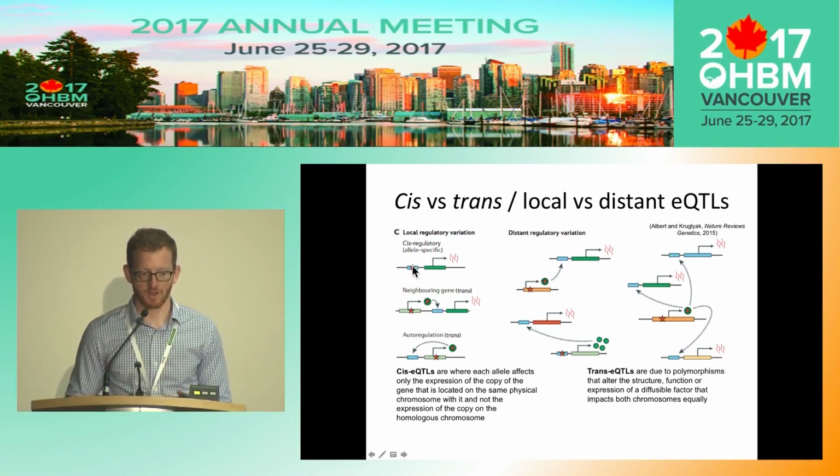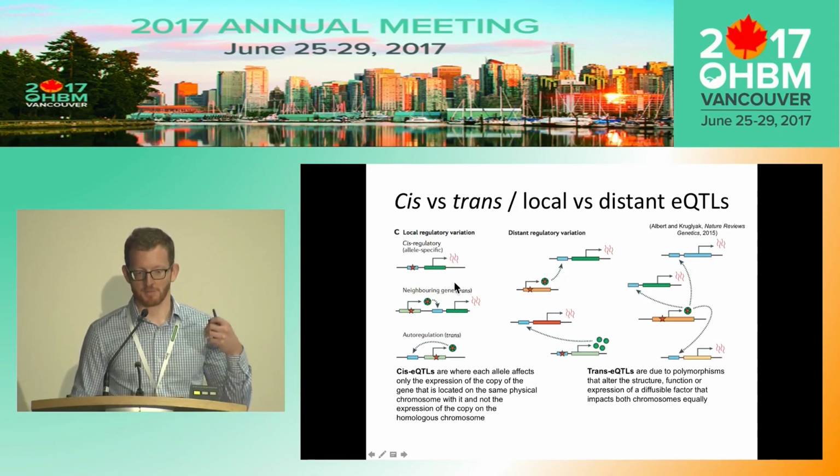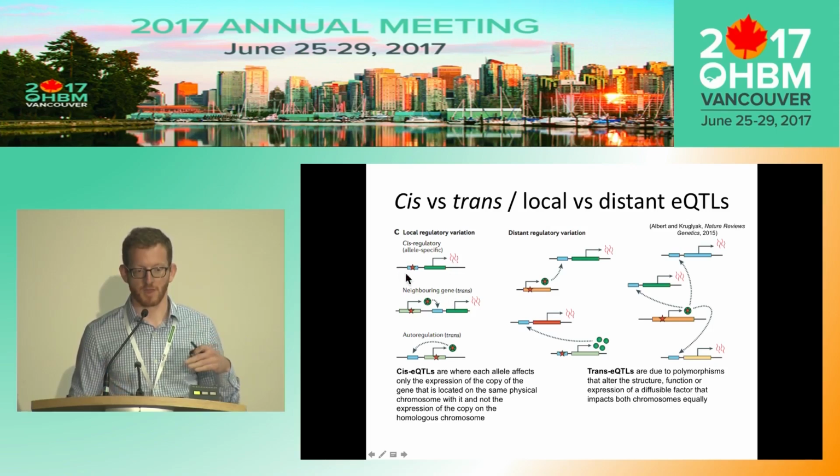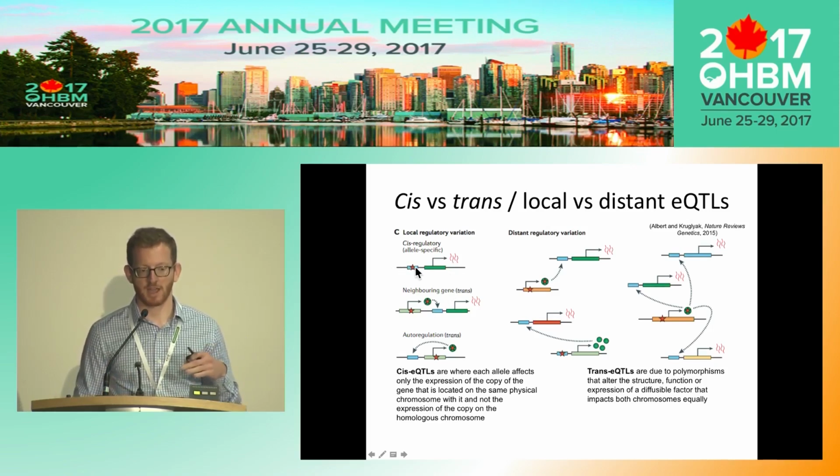In a local change, which is called a local cis regulatory element, you can have a genetic variant that, for example, alters transcription factor binding, which then leads to decreased or increased expression of a particular gene. Importantly, that happens on the same chromosome: the same strand of DNA has the genetic variant and the alterations in expression.